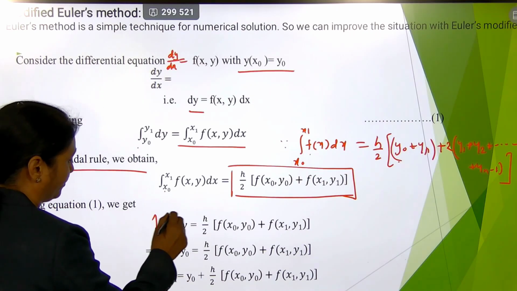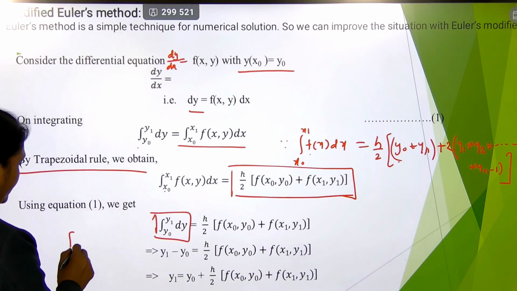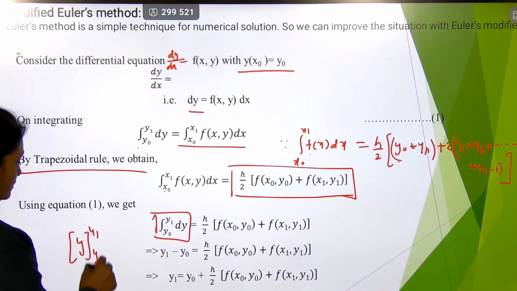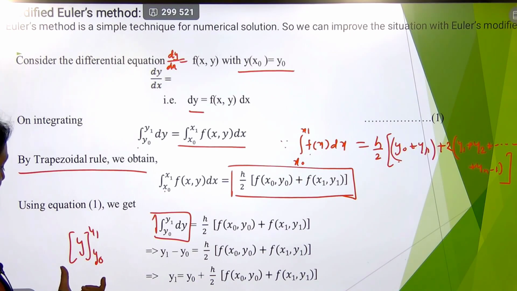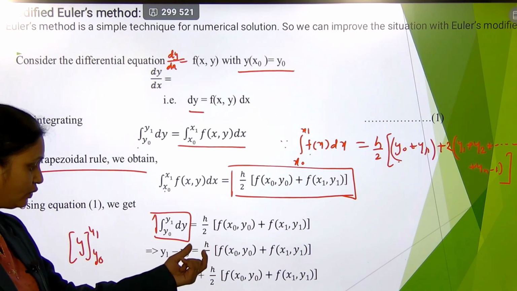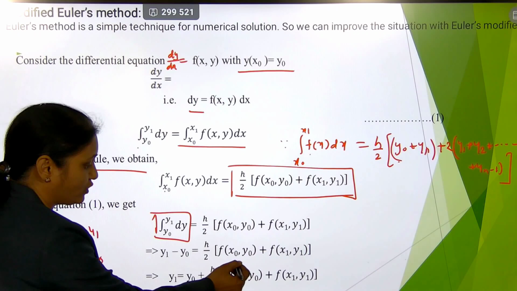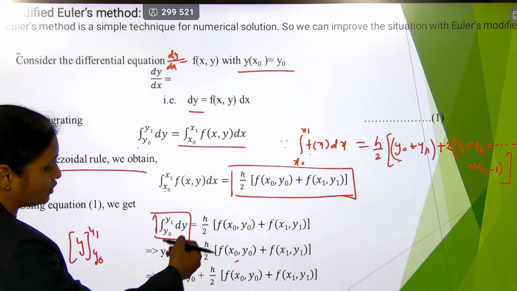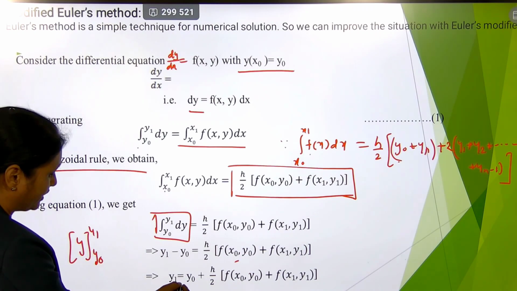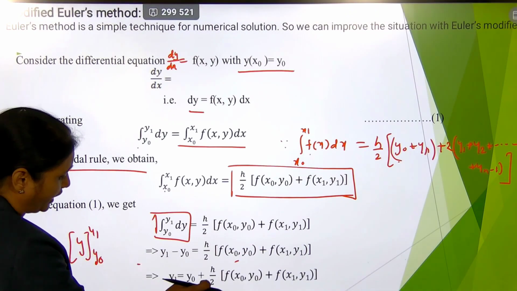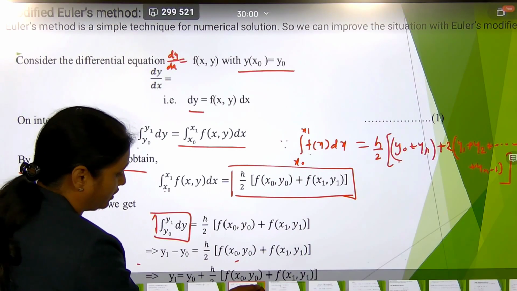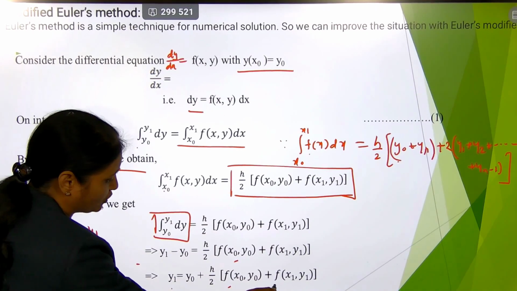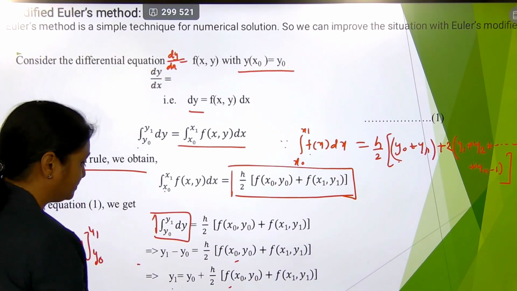While integrating this and putting the limits, we get y1 minus y0 is equal to h by 2 into f of x0 y0 plus f of x1 y1. Now shifting y0 to the right hand side, we get y1 is equal to y0 plus h by 2 into f of x0 y0 plus f of x1 y1.